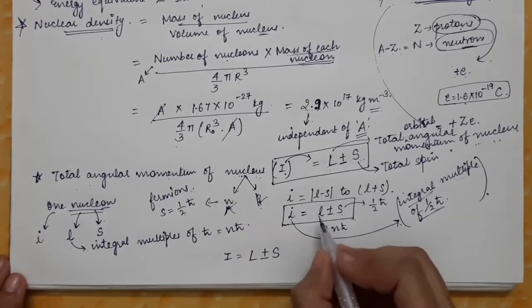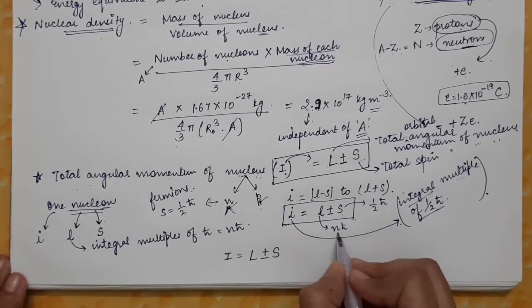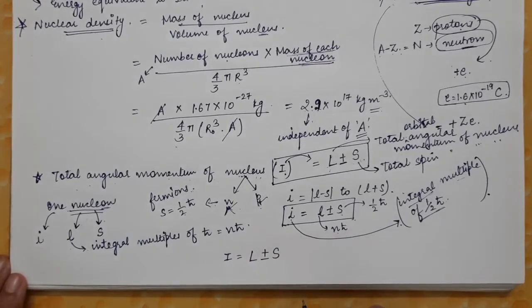We know that small l takes values which are integral multiples of h cut.